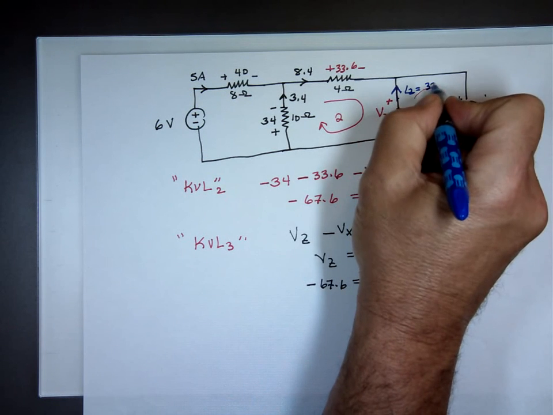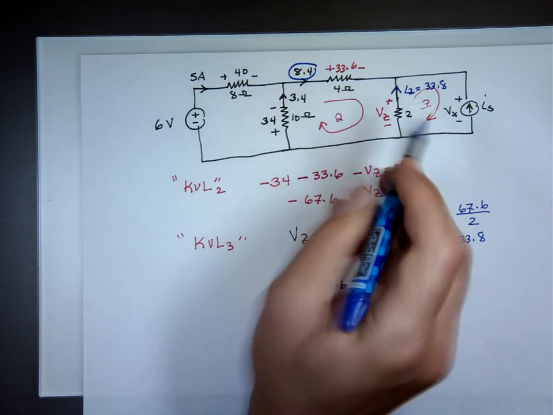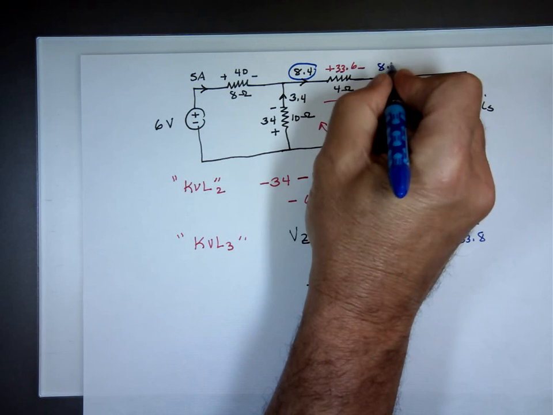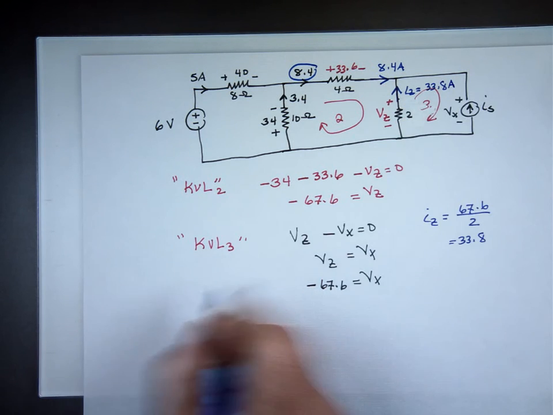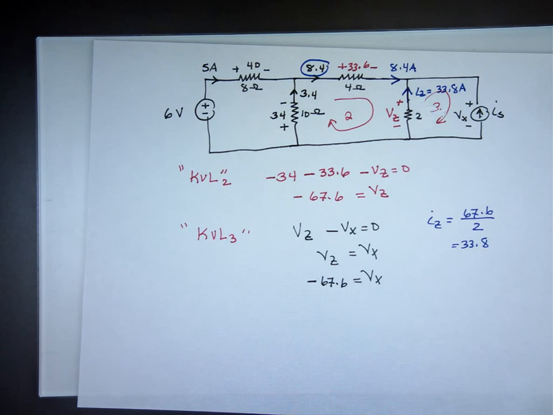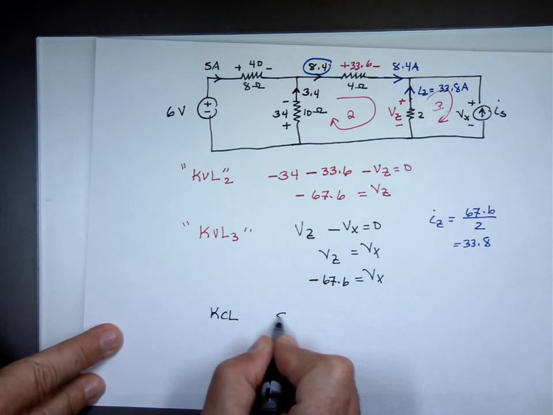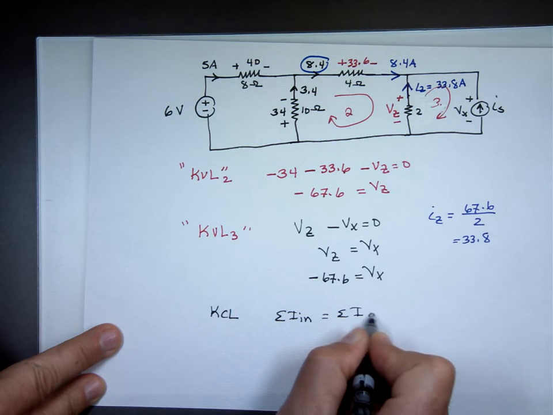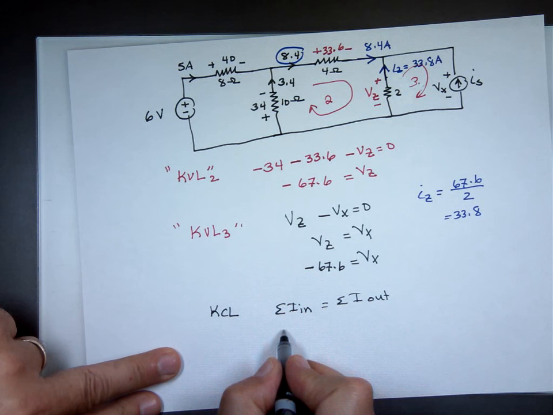And we know this current going in is 8.4. You see it? 8.4 going in. 33.8 going in. All of them going in, according to the picture. KCL at the last node on the top says all the current entering a node should equal all the current leaving that node. What is going into that node? 33.8.